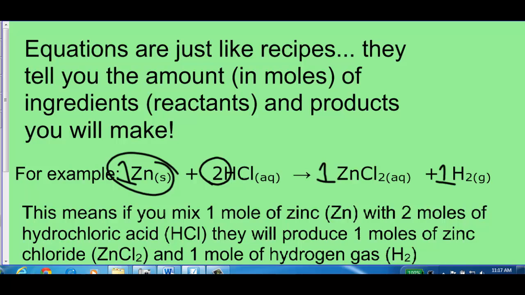So the equation is like the recipe for how much of our ingredients we need. These are our ingredients. And how much of our products we will generate. So we are going to solve these stoichiometric calculations simply by using proportions, okay?